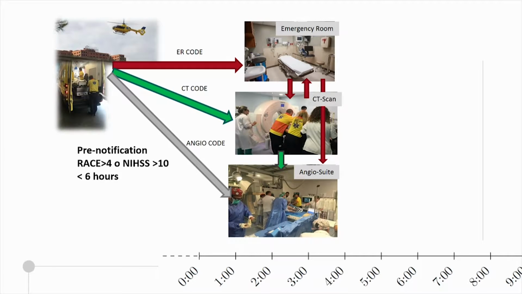And in selected patients, where there is a pre-notification and a high probability of large vessel occlusion, and it's a short time from symptom onset, we transfer the patient directly to the angio suite, and we perform all the procedures in the angio suite. So that's when the time starts with the patient.